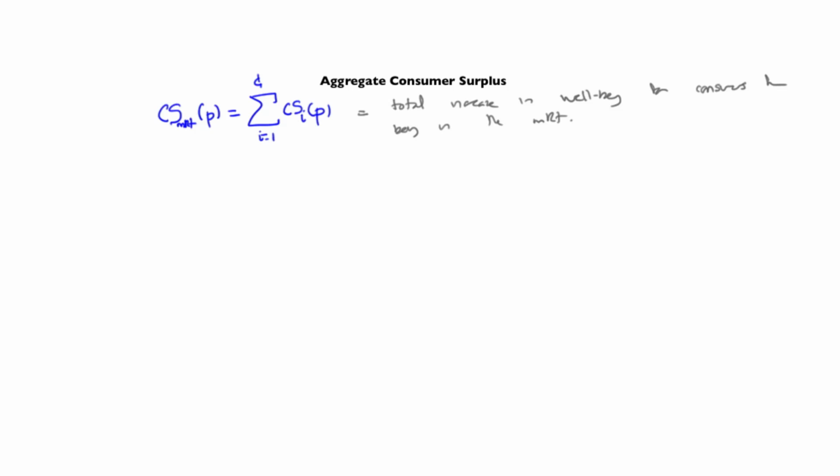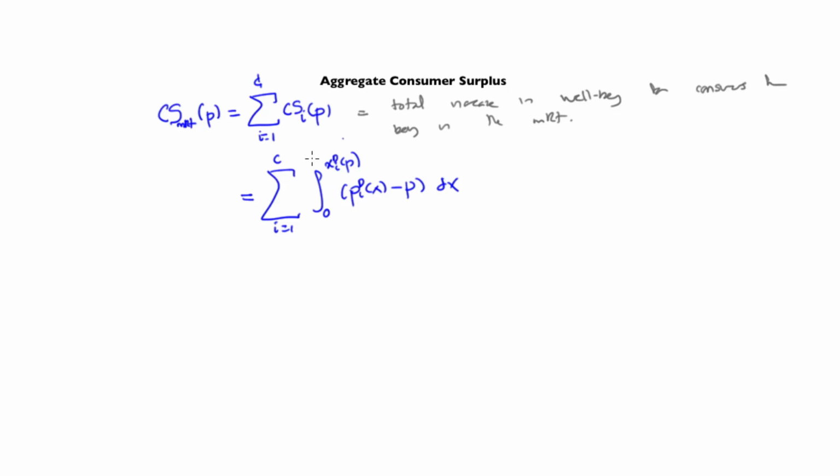Now, this is equal to the sum, from i equals 1 to the amount demanded by person i, of the integral of the inverse demand function minus the price, times dx.